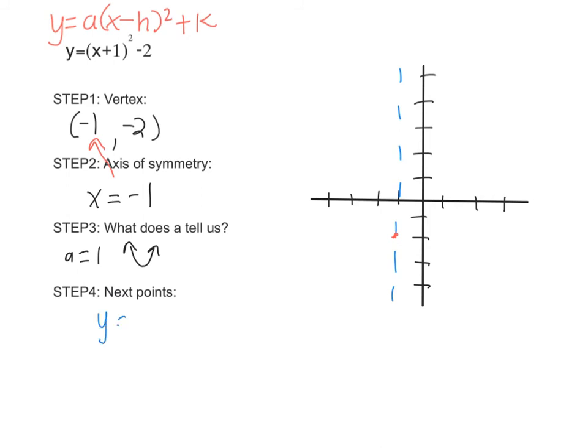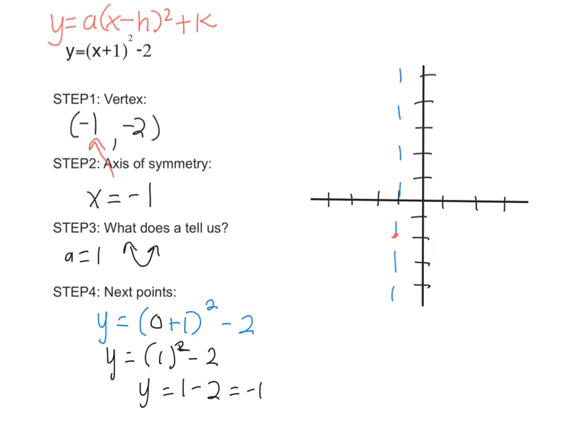Okay, so for my next points, I have the option of picking either -2 or 0 as my x value. I always default to 0 if I can, because 0 is just an easy number to use. So I'm going to go back into the equation that was given, and every place there was an x, I'm going to put 0. And now I'm going to do good algebra using order of operations to get that y will be 1 squared minus 2. And then y is 1 minus 2, which means it's -1.